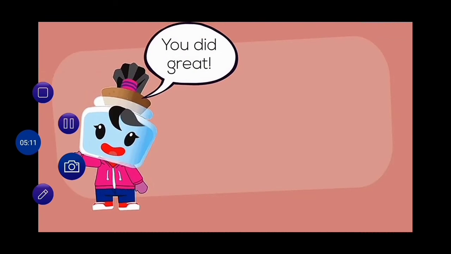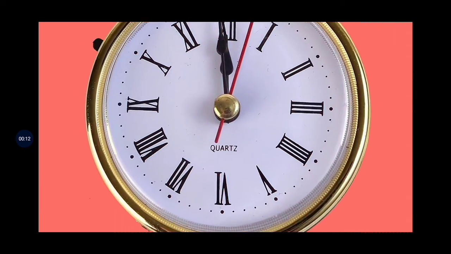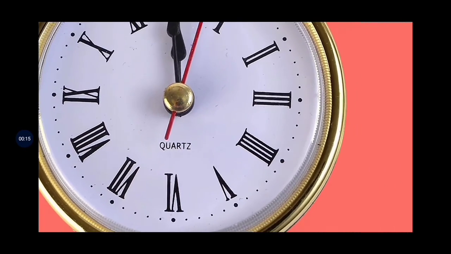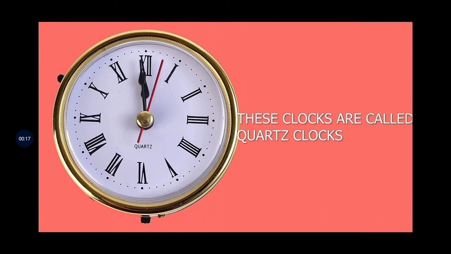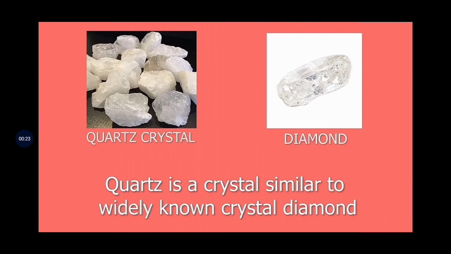In this video, we will discuss quartz and atomic clocks and how they are different. You must have seen quartz written on various clocks. These clocks are known as quartz clocks. Quartz is a crystal similar to the widely known crystal, diamond.